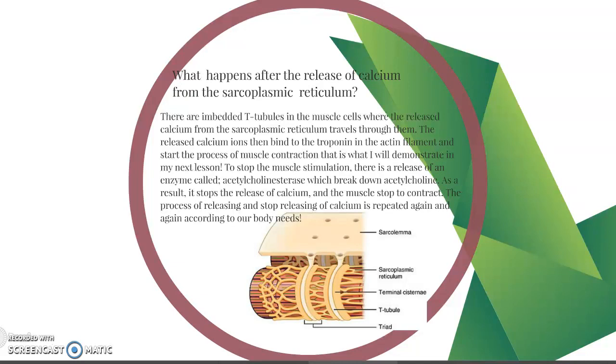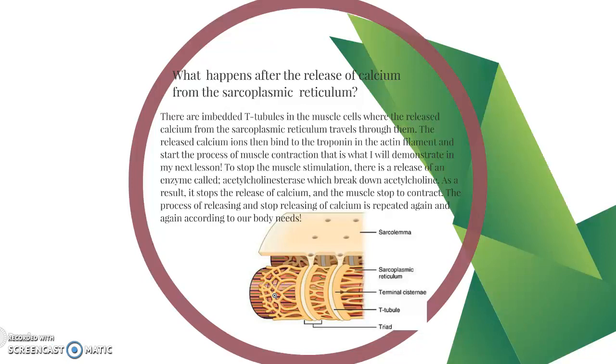We will recognize here, this is the sarcolemma, which is the membrane of the muscle cell, and the myofibrils, which are located within the muscle. And here there are the T-tubules, which are responsible for passing this signal. They pass this signal or this action potential to the net. This net is the sarcoplasmic reticulum.